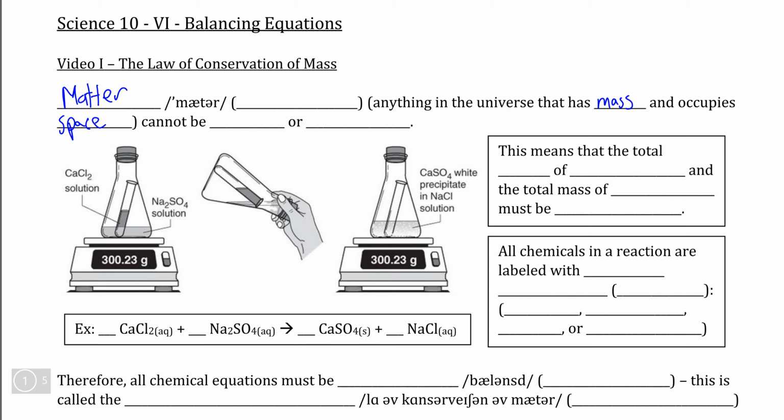Now, the important thing about understanding matter in chemistry is the understanding that new matter cannot be created, nor can existing matter be destroyed.